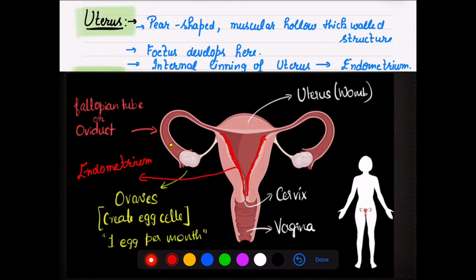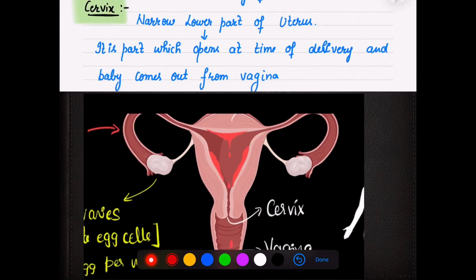So what is the uterus? It is a pear-shaped, muscular, hollow, thick-walled structure, and the inner thick lining is known as the endometrium. Then, as you can see, there is a very, very narrow passage.